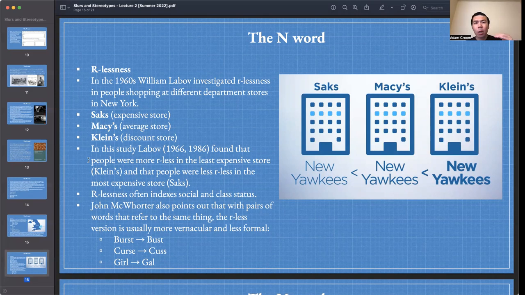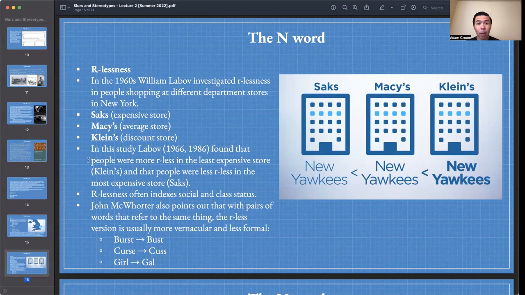Okay, so we have stores of different expense levels which sort of index different levels of affluence for the shoppers, right? You're going to have the most affluent shoppers at Saks, like the middle class at Macy's, and the lower class at Klein's. Okay.